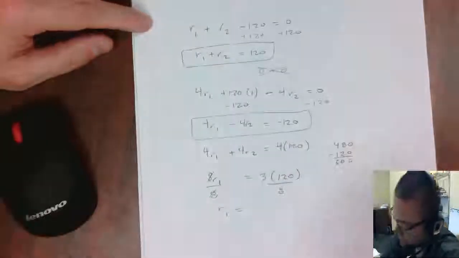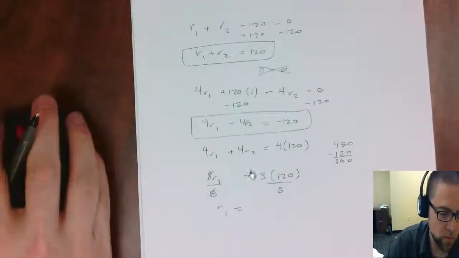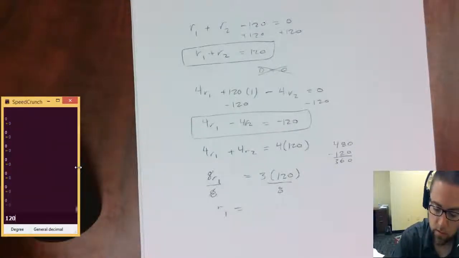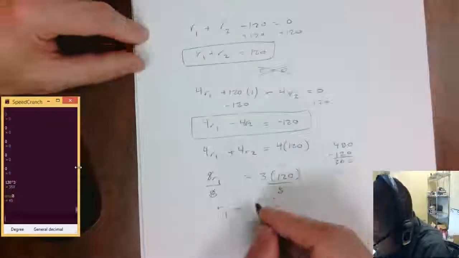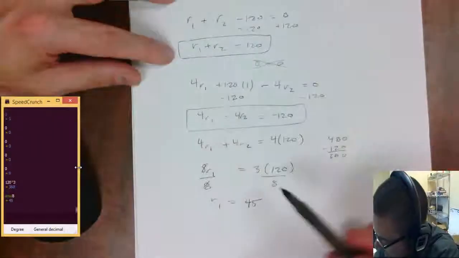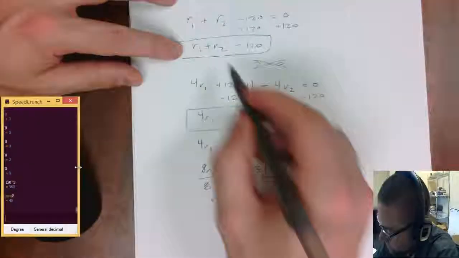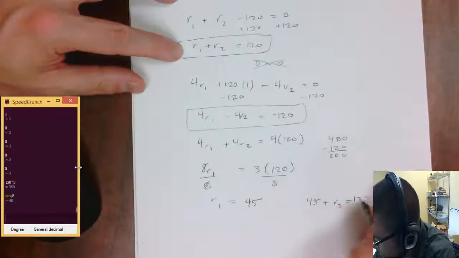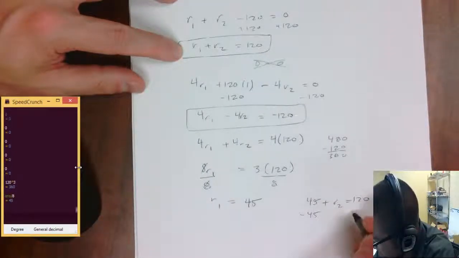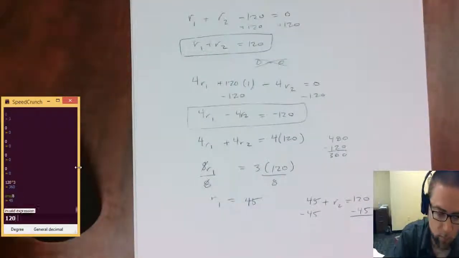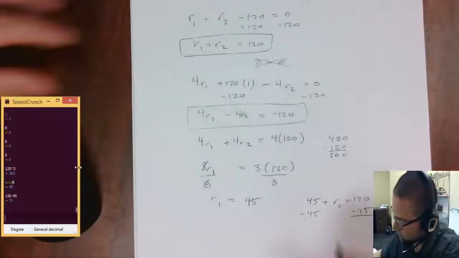And I get R1 is equal to, on my calculator, 120 times 3, which is 360, divided by 8 is 45. So the reaction R1 is 45, and then I substitute this back into either equation, but this will be the easier one. 45 plus R2 is equal to 120, so R2 would be 120 minus 45, which is 75.